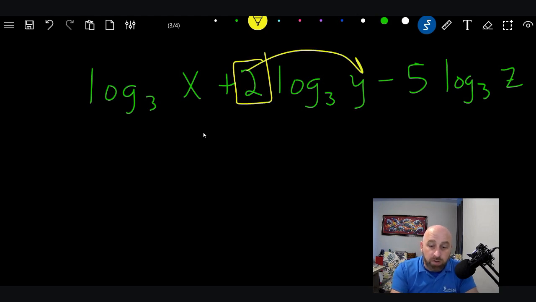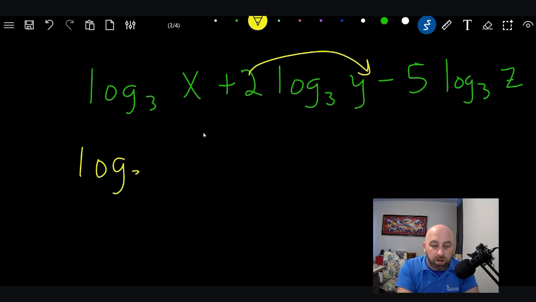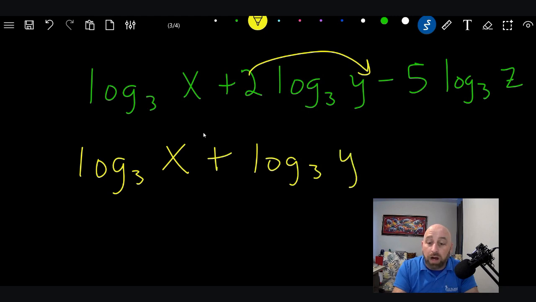That's an exponent right here, so it needs to be moved back. We've got lots of different stuff going on in this one, so let's take this piece by piece. Let's go in backwards order. Let's take this one first. Let's do the power rule and move it back here. So we'd end up with log 3x plus, moving that back, log 3 y squared minus 5 log 3z.